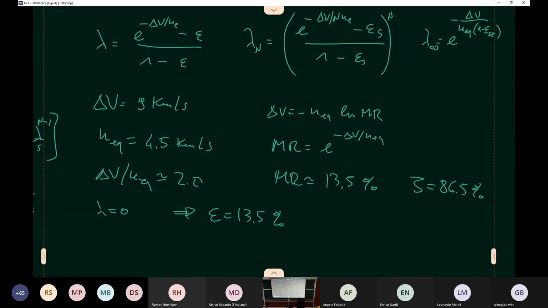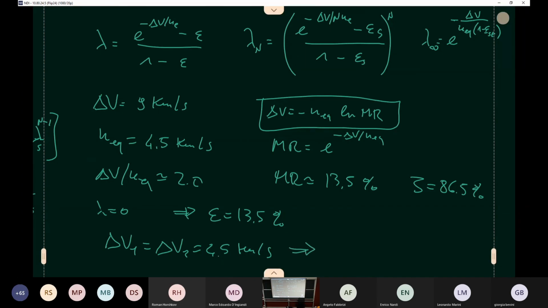In this case, delta V for each stage will be half. So delta V1 and delta V2 will be equal to 4.5 kilometers per second. And from here, and this expression, I can obtain the corresponding Z1, Z2, that will be equal to 63.2%.